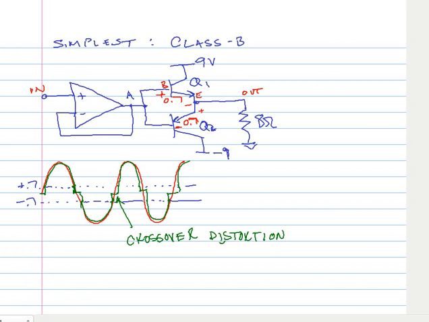In order to fix that, we're going to close a negative feedback loop around the two transistors. So we'll draw our same configuration.